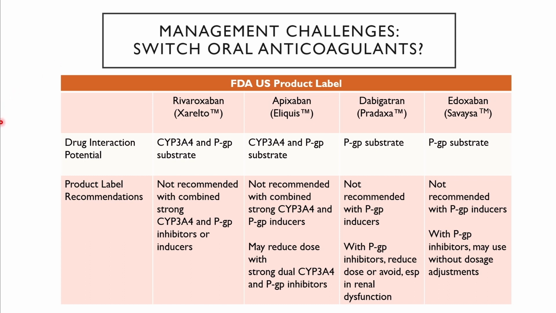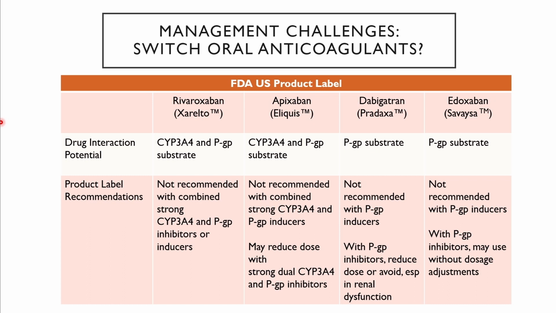I've pulled for you here a number of FDA US product labels for other direct oral anticoagulants, select ones that are listed here for you: rivaroxaban, apixaban, dabigatran, and edoxaban. If you look across the drug interaction potential, both rivaroxaban and apixaban plausibly pose a higher drug interaction potential because they're substrates for both cytochrome 3A4 as well as P-glycoprotein. The label recommendations say that with rivaroxaban, drugs like cobicistat should be avoided altogether.